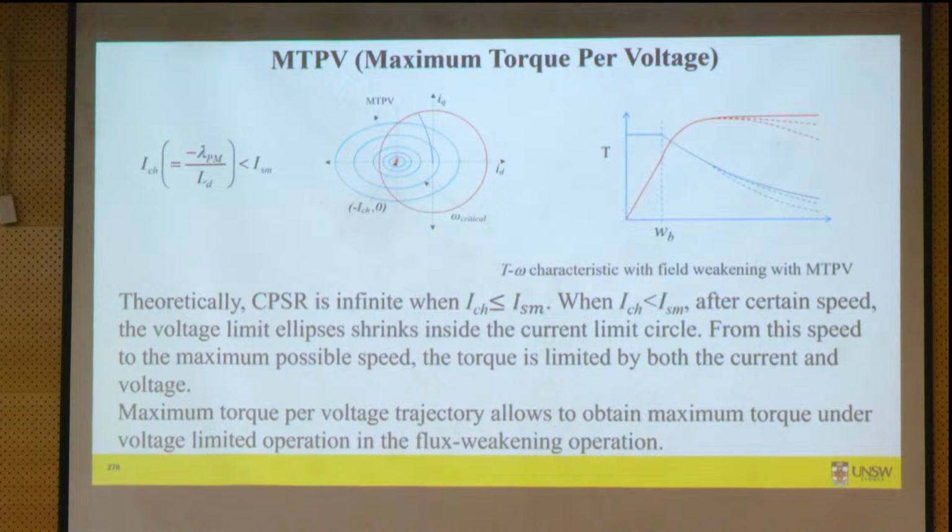And when we have a condition like this, we can in fact get another trajectory called maximum torque per voltage. This is somewhat similar to your MTPA trajectory, but this trajectory is limited by voltage.